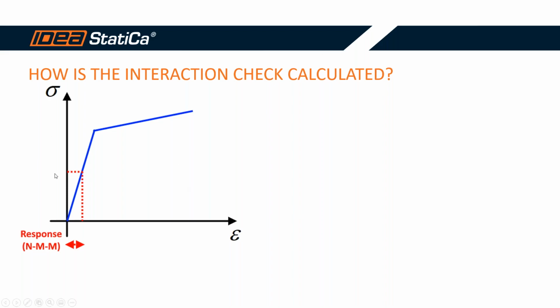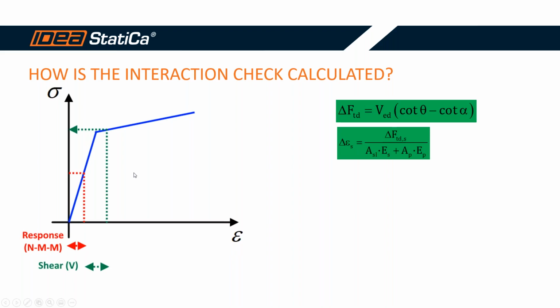So the initial state of the interaction check is the response. If I have a section where we can find normal force, bending moment, and shear force, I need to do the interaction, or I should do.